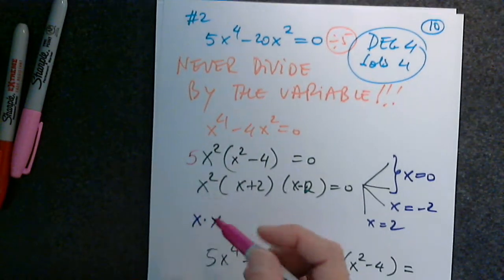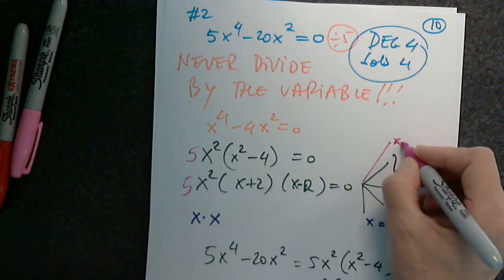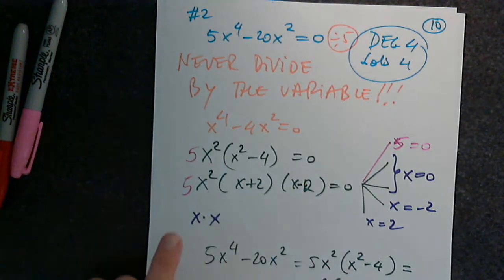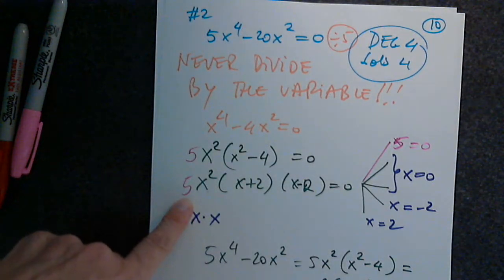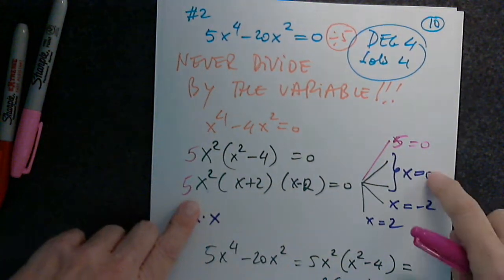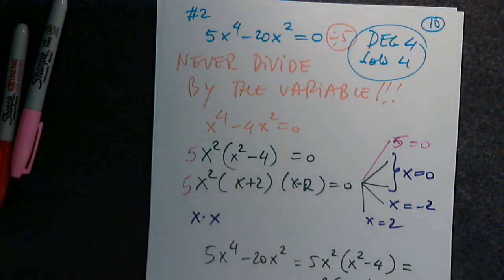So they keep the 5, and they say that there are 5 solutions. One solution is when 5 is 0. And then my head explodes. And then 2 solutions, x equals 0, and then x equals -2 and x equals 2. So they come up with 5 solutions, and the first solution is 5 equals 0.